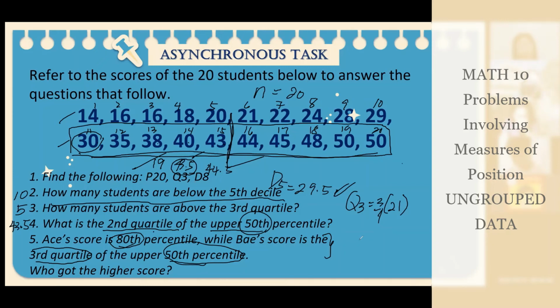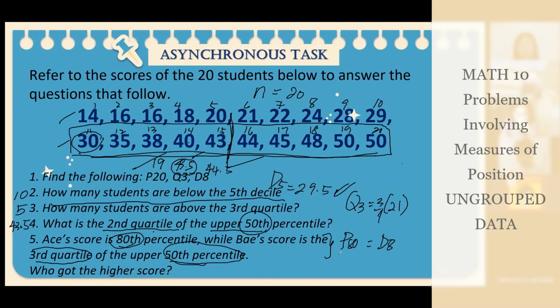Okay. Do you think P80 is the same as D8? 8/10? 80 over 100? Is it the same as 8 over 10? Do you agree? D8? Decile 8 ba? Para hindi na tayo magsasolve. Do you agree that P80 kasi 80th percentile is the same as D8? Thumbs up if it's a yes.